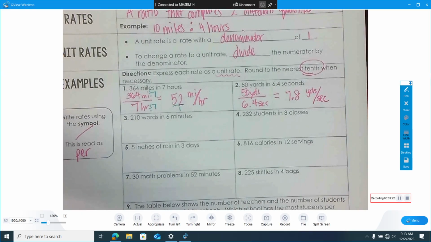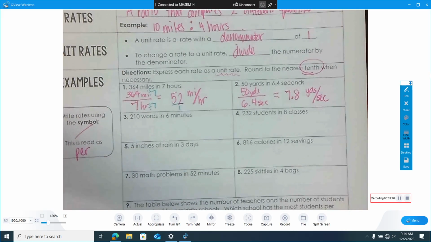Don't forget to keep your units on there. So this is words and minutes on the bottom. So this would be words per minute, okay? And so would you put 0.3? Yes, good. All right, very good, ladies and gentlemen.